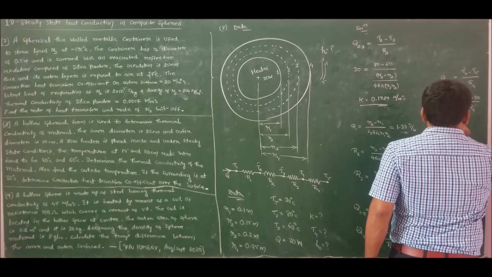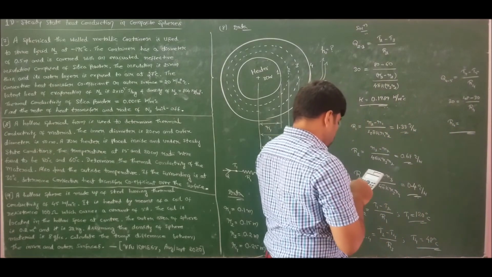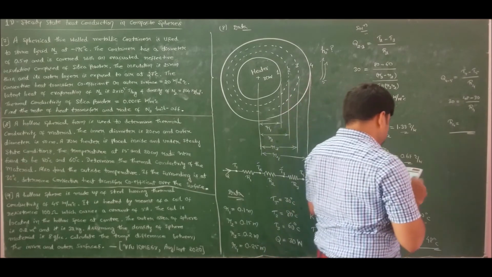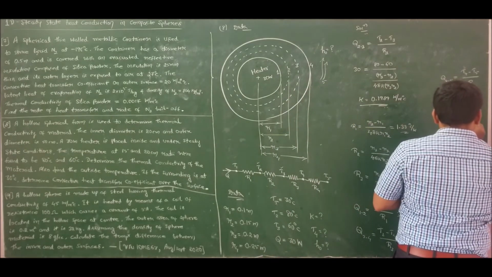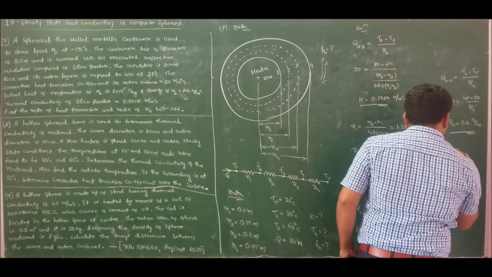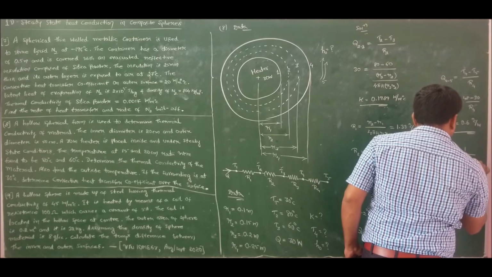Find the value of resistance R4. The value of R4 will be (48 − 30) / 30, which is 0.6 degrees Celsius per watt. Now we know that R4 is because of convection, which is 1/(h0 A0).